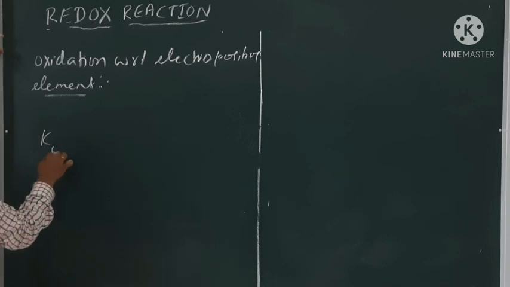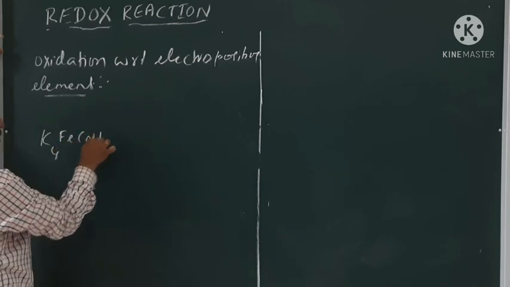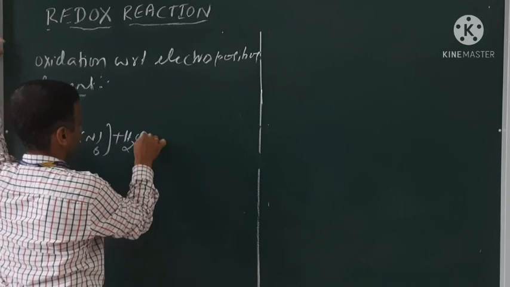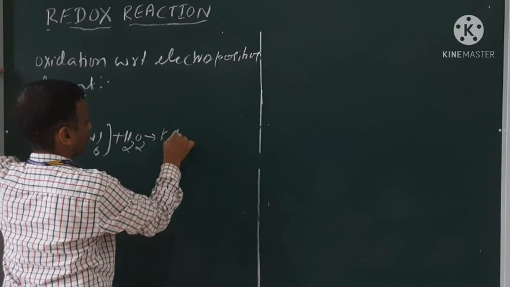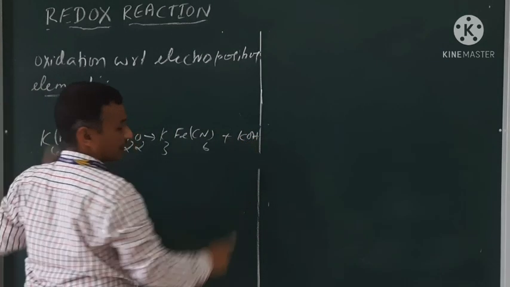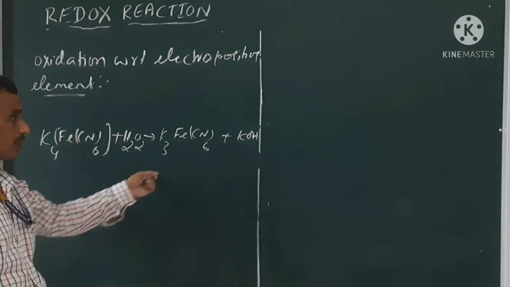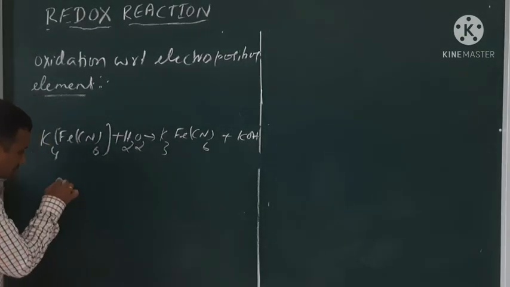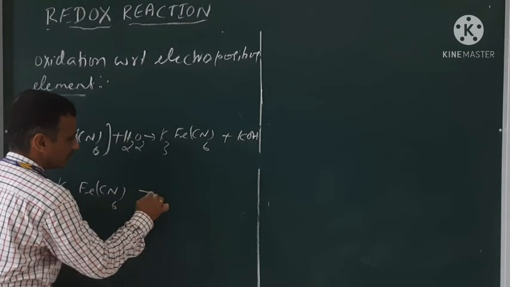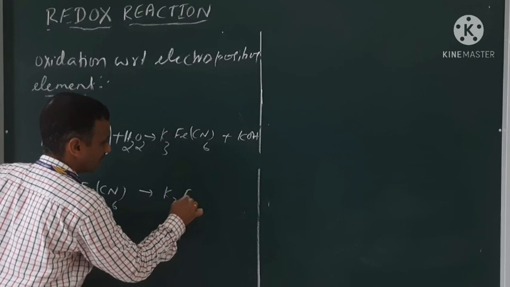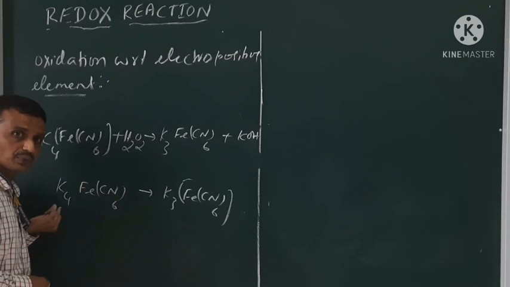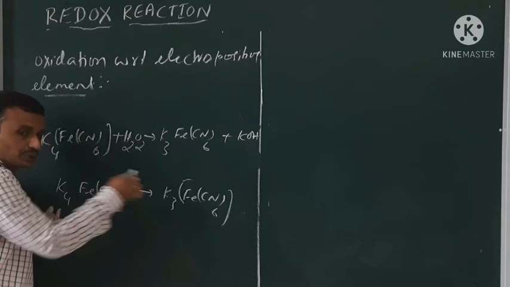So K4Fe(CN)6 is treated with hydrogen peroxide. I am going to get K3Fe(CN)6 plus KOH. The equation is not balanced, write out the balanced equation. And just here, K4Fe(CN)6, the product side K3Fe(CN)6 means one of the electropositive element is removed.